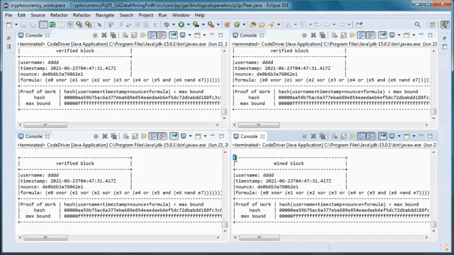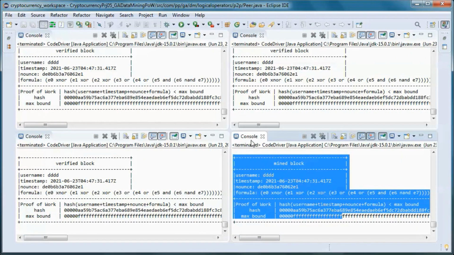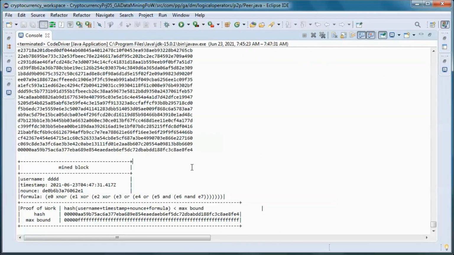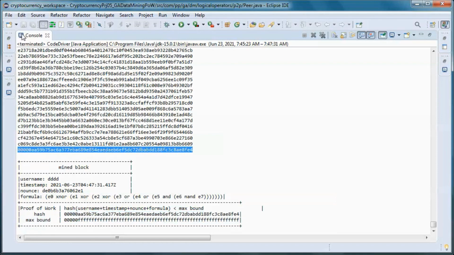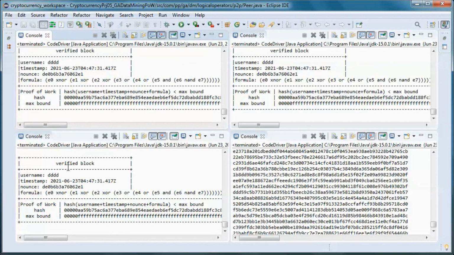So this peer succeeded in mining this block. And the other 3 verified it.